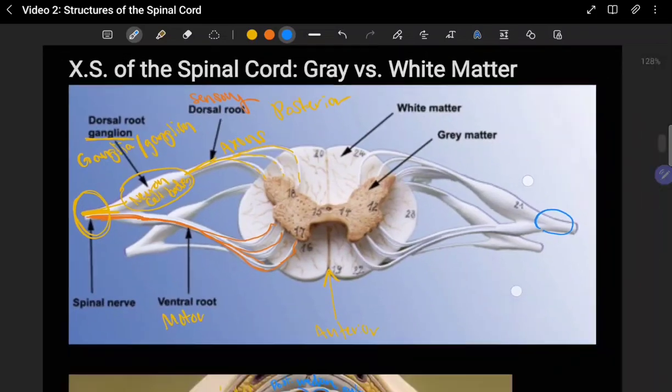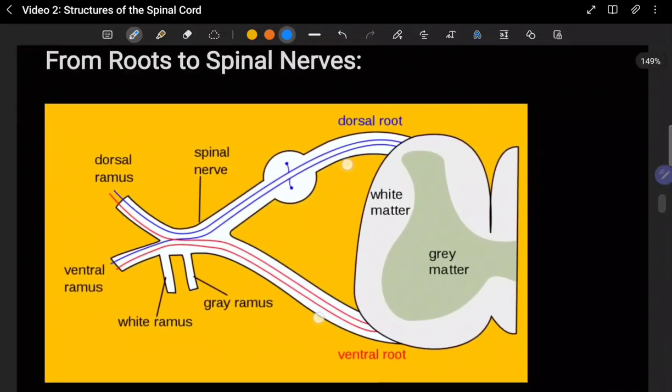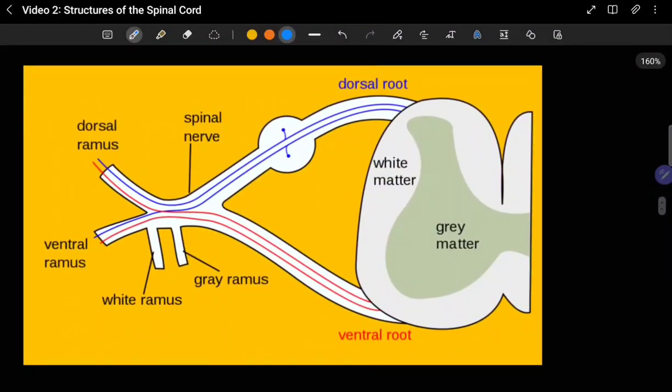Spinal cord is actually going to split again, which we might have. Oh, here we go. So this is that same diagram. We have our ventral roots and our dorsal roots, same position. So what's happening is we've got our dorsal root and our ventral root forming our spinal nerve, this conjunction here, which is then going to split off again. So it's going to split into a dorsal ramus and a ventral ramus.